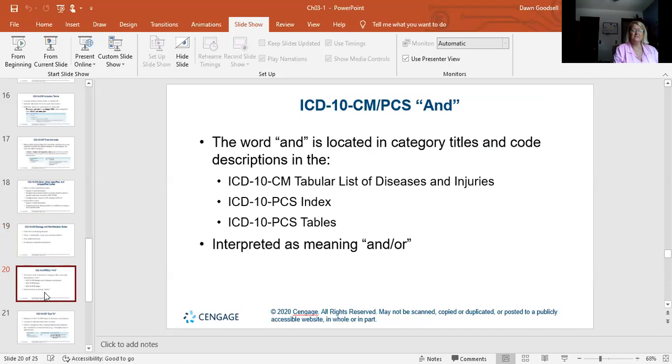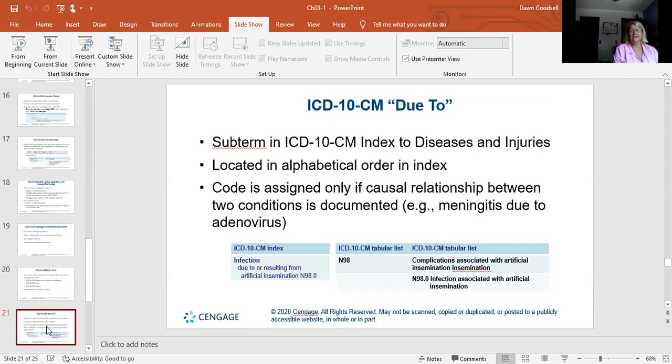Sometimes you will see an incident where you have hypertension and diabetes. Well, then you code both of them, hypertension and diabetes. Okay, "due to" means that something caused something else.